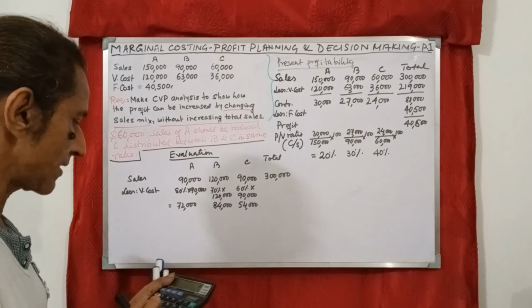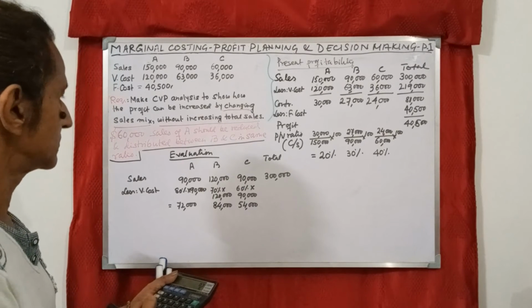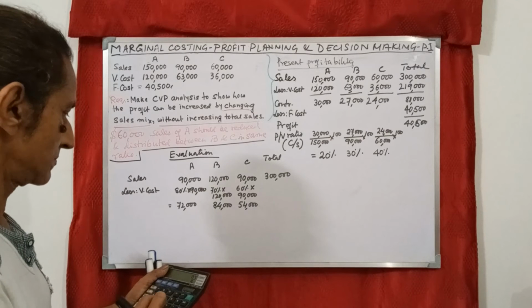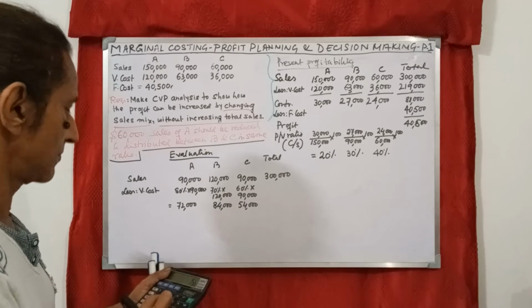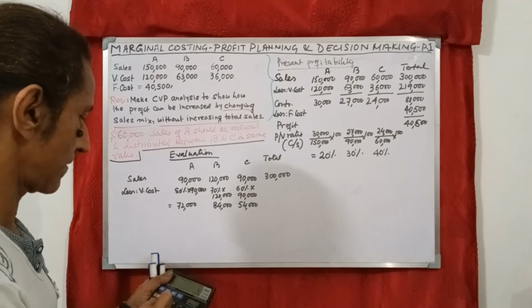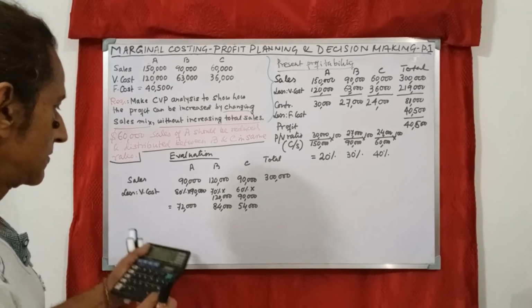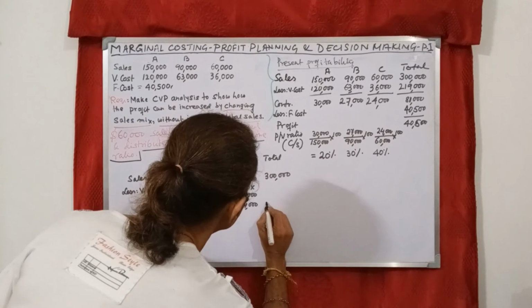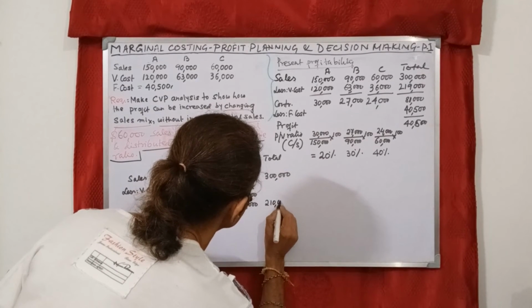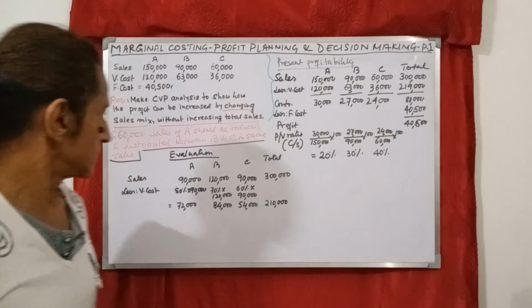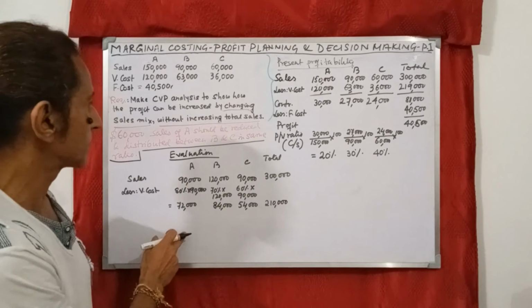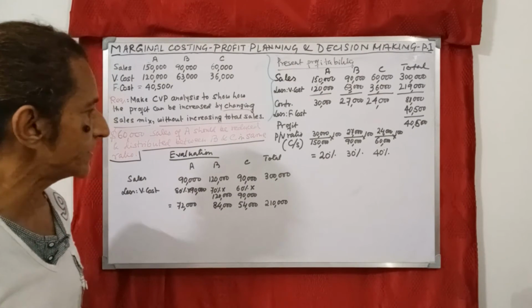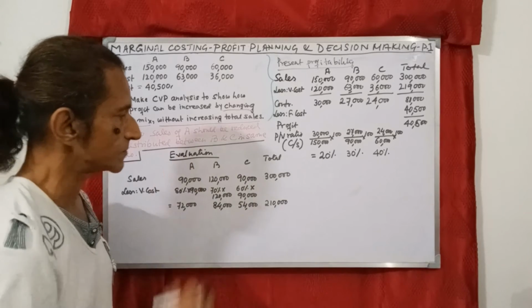Let us see what it comes to. $210,000. So total variable cost after the change in sales mix is 210,000.